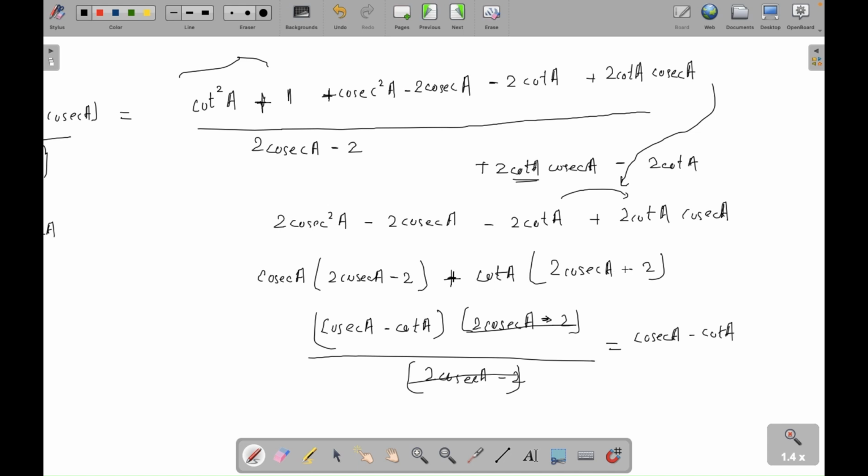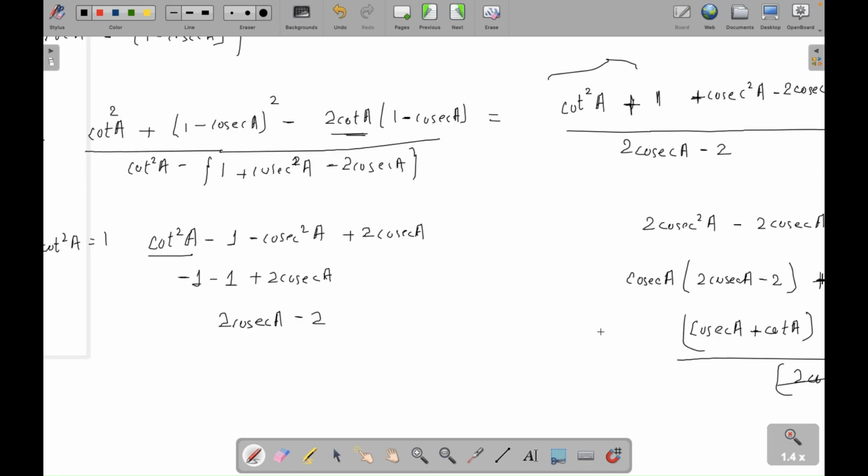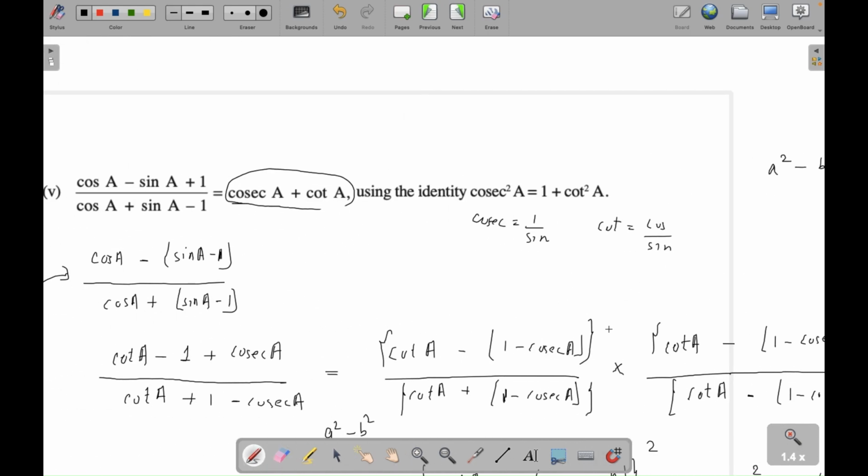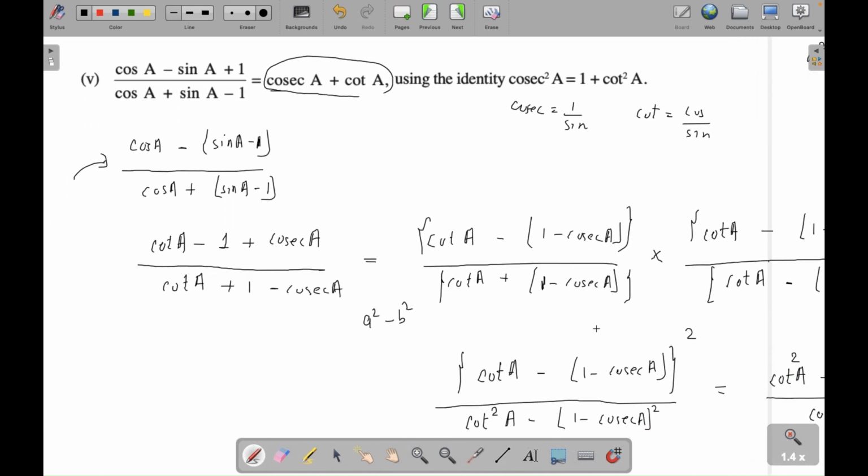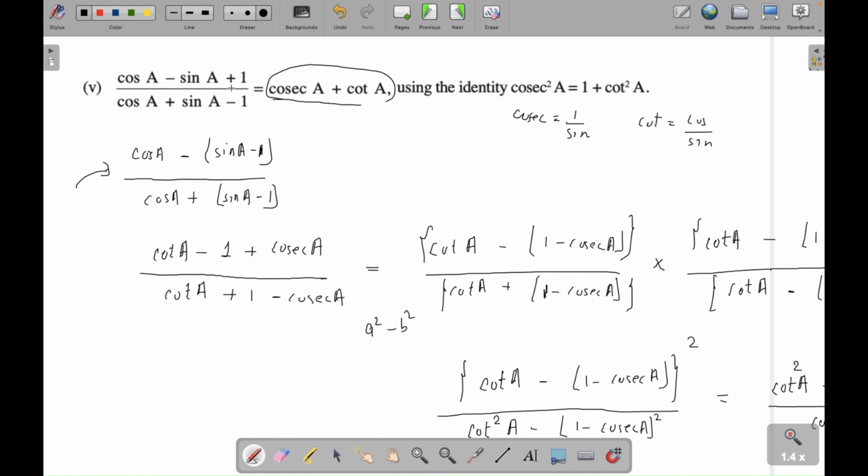If I take minus cot A, then I'll get 2 minus 2 cosec A. This is the only question that requires a lot of lengthy process, so you should practice this one 2 or 3 times.